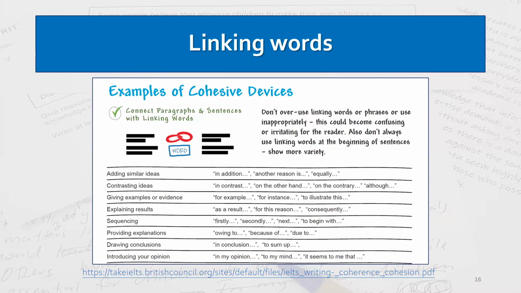It's very easy for Chinese learners of English to overuse these linking words. What I mean by overusing is that you use these words too frequently in a piece of text, in a way that makes your writing very mechanical to read.